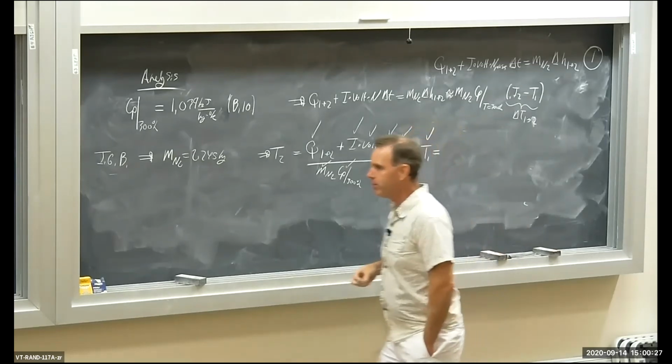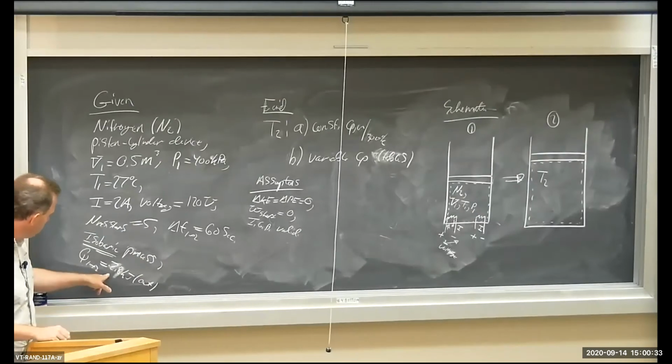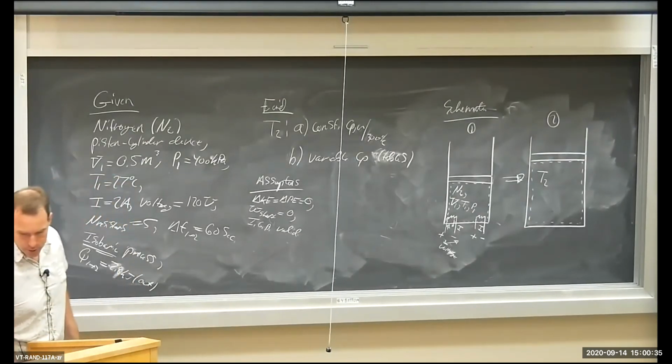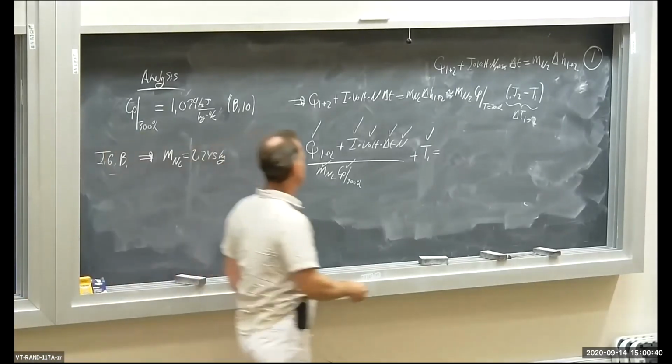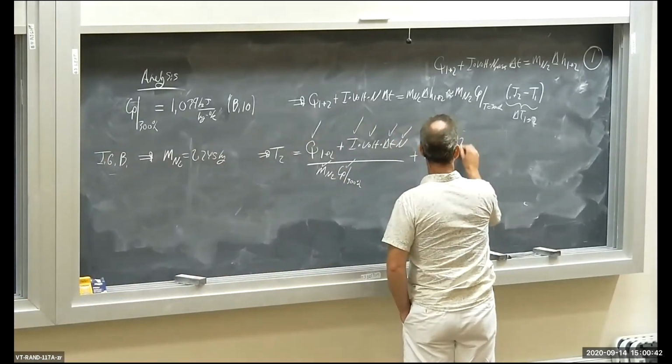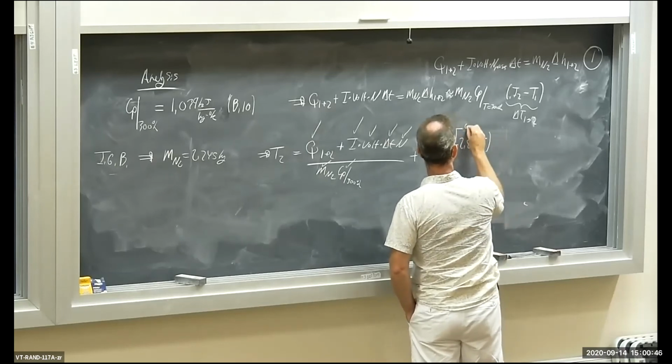Well, the heat transfer, 2.8 kilojoules out of the system, so I got to put a negative sign. Negative 2.8 kilojoules. So this is out.